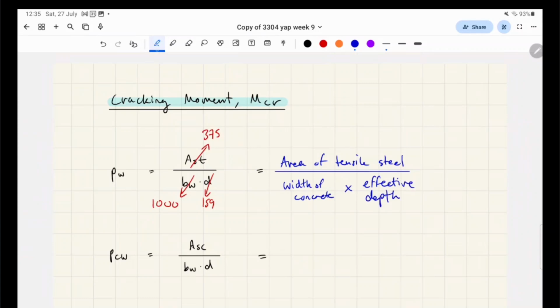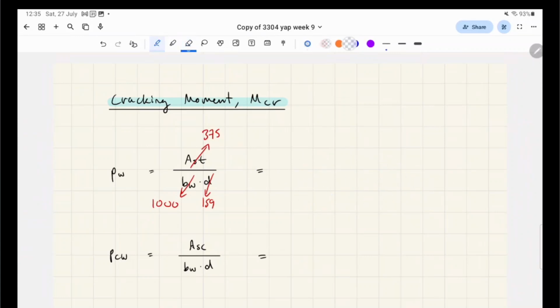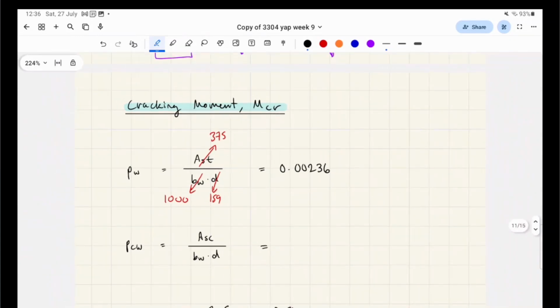What it's saying is, do we have enough tensile steel divided by this area, essentially. That's what that ratio is. And that's 0.00236, which is actually kind of low, but that's fine. It just changes something a little bit later.